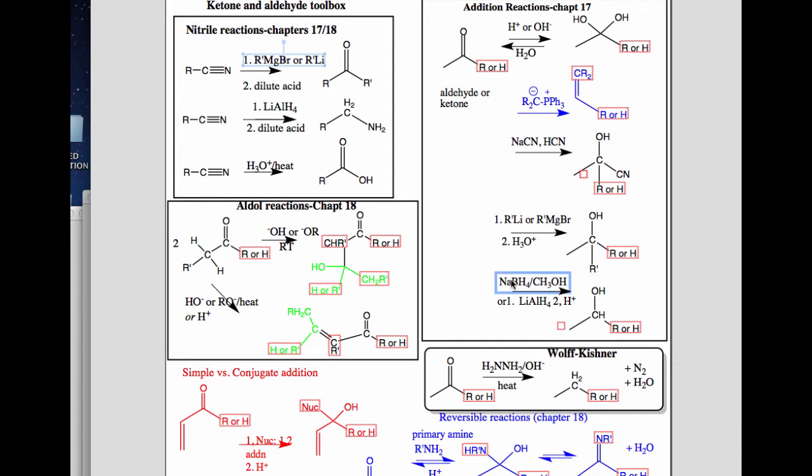We saw the addition of a strong reducing agent, increasing the number of C–H bonds by the hydride adding to the polar carbonyl to make an alcohol that has an additional C–H bond. That is reduction: loss of the polar C–O bond, gain of the C–H bond.